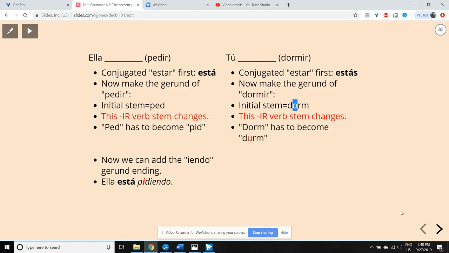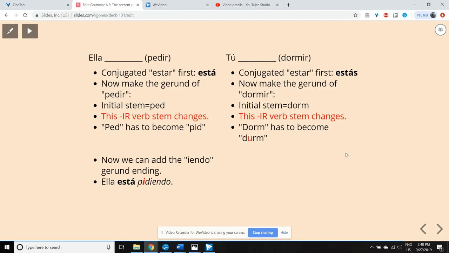So DORM has to become DURM, never DUERM when you're making a gerund. Never. Gerund formation is not conjugation. It's a different process. I know it involves stems and endings, but it's not the same. All right. So remember, the O in the stem of this IR verb becomes a U, right? Because this IR verb stem changes.